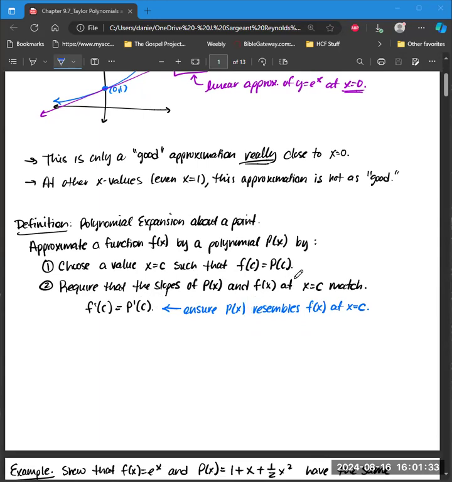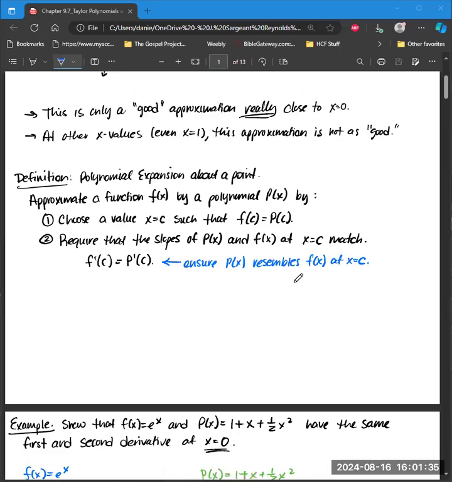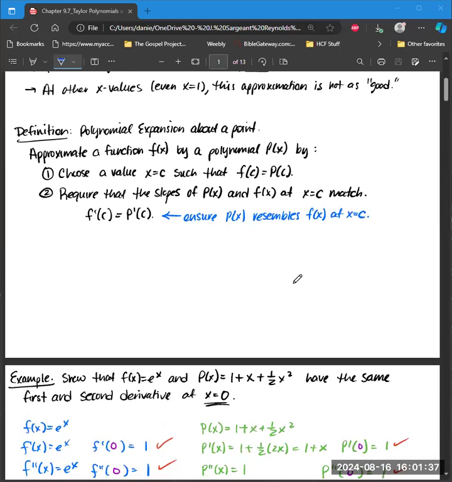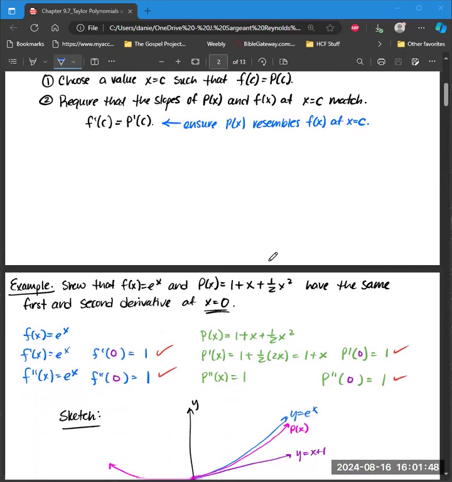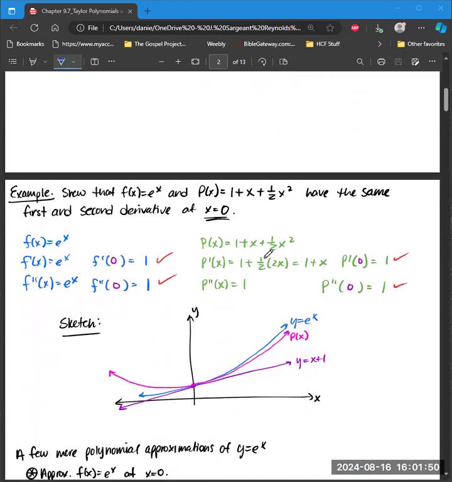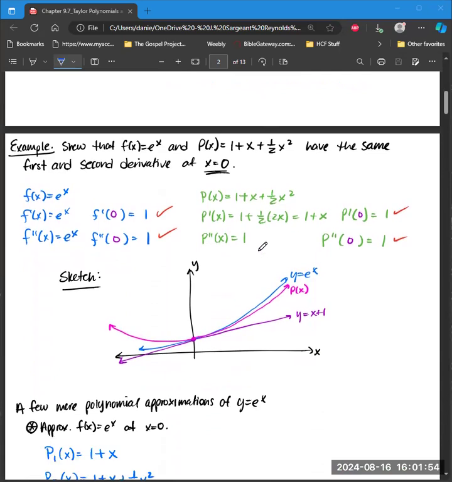So that ensures that p of x resembles f of x at x equals c. And the polynomial function will be a good approximation of the function near that point x equals c. If we get too far away from that point, then it will no longer be a good approximation.